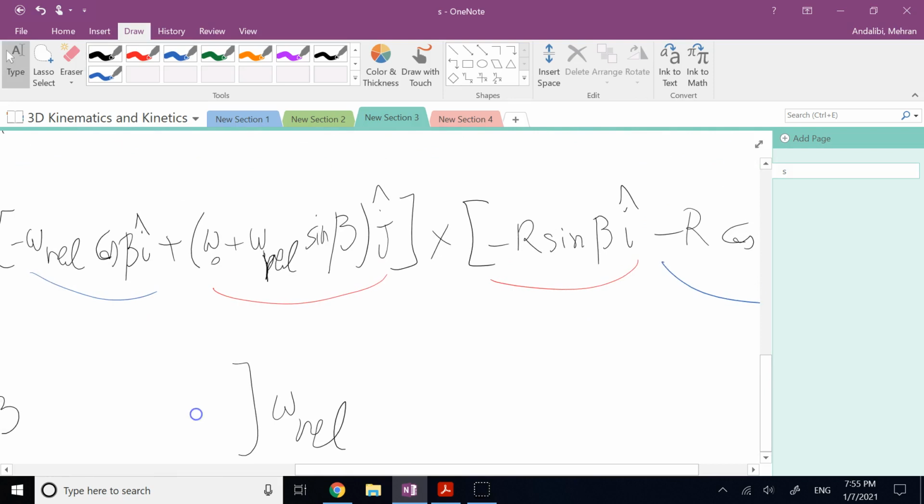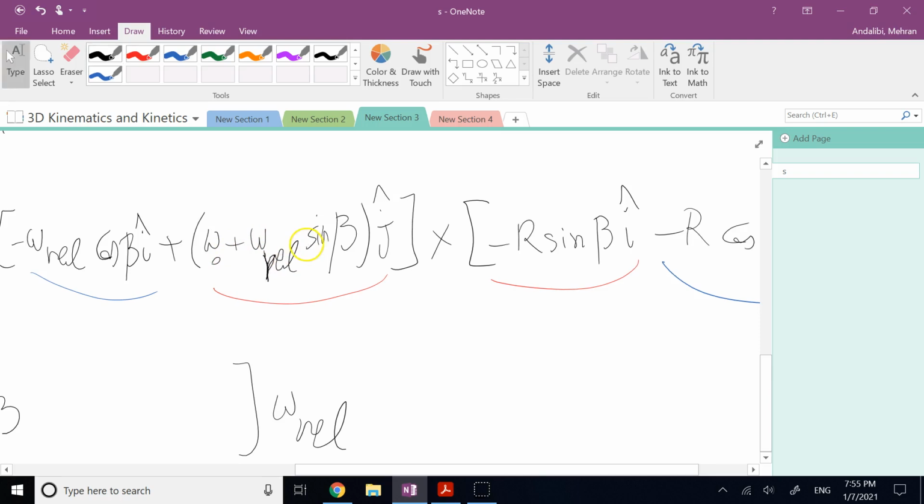And then I have j cross I, which is negative k. With this negative it is positive k. So it's going to be r sine beta times this. Right? So it is going to be r sine beta omega naught.